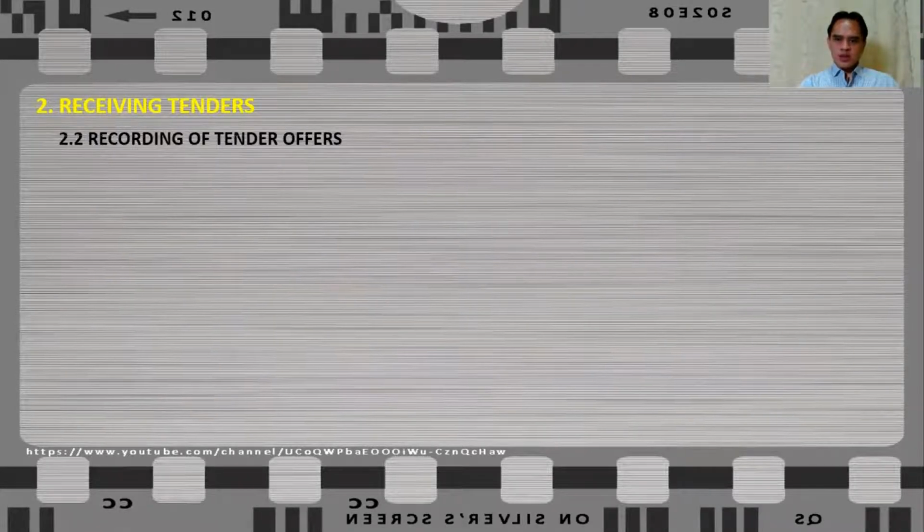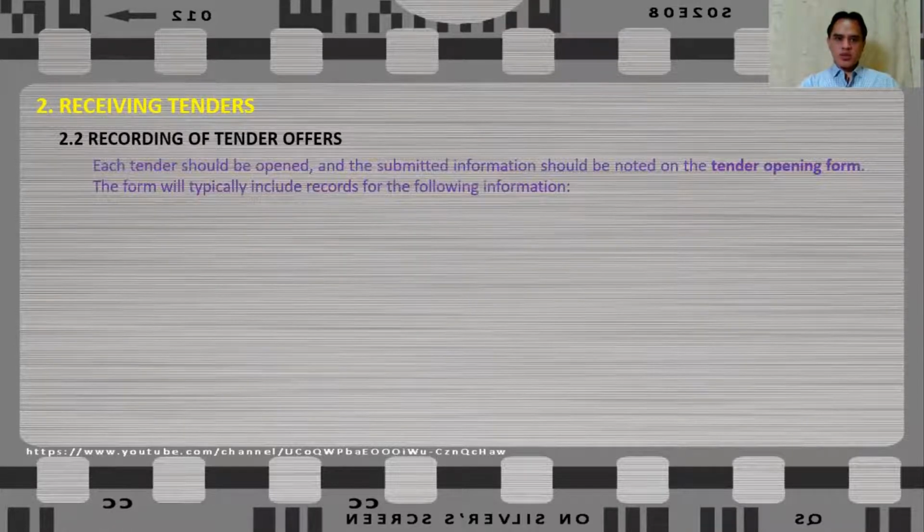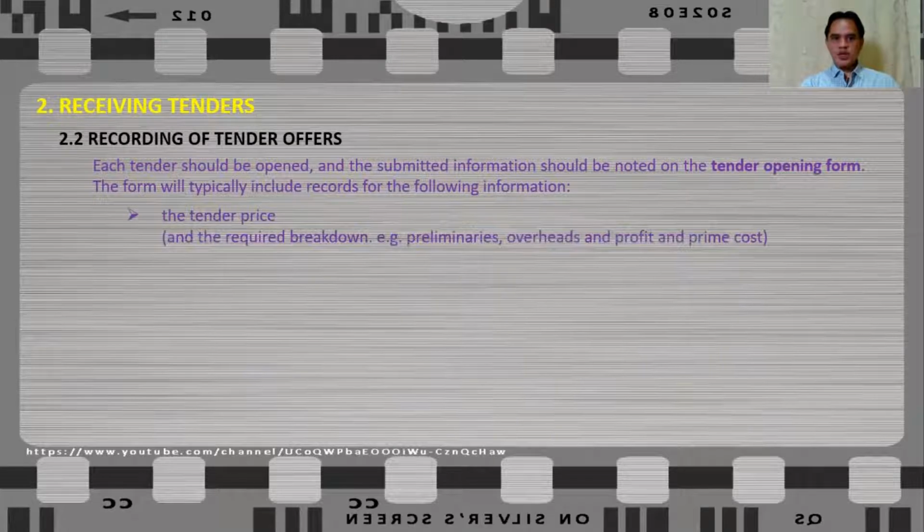Now, after you have opened the tender, it should be recorded properly. So each tender should be opened, and submitted information should be noted in the tender opening form. The form will typically include records of the following information: the tender price, and the required breakdown. For example, if there is a need to break down the preliminaries, overheads, profit, and prime cost, depending on the project requirement.